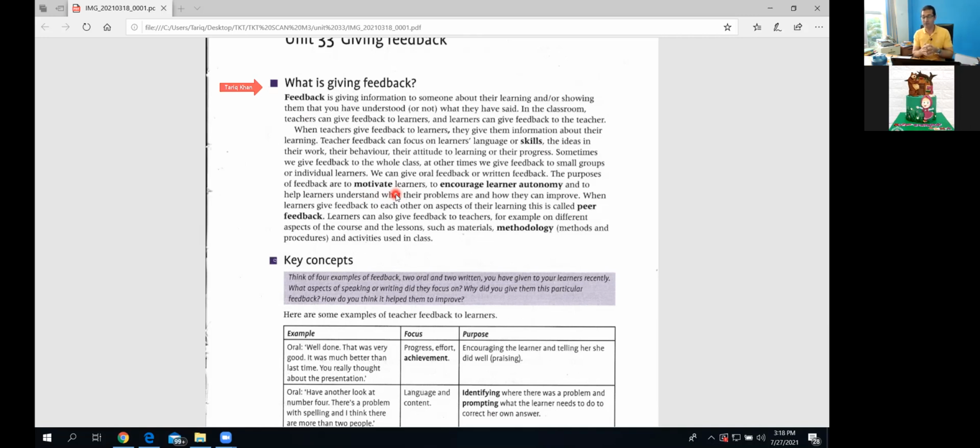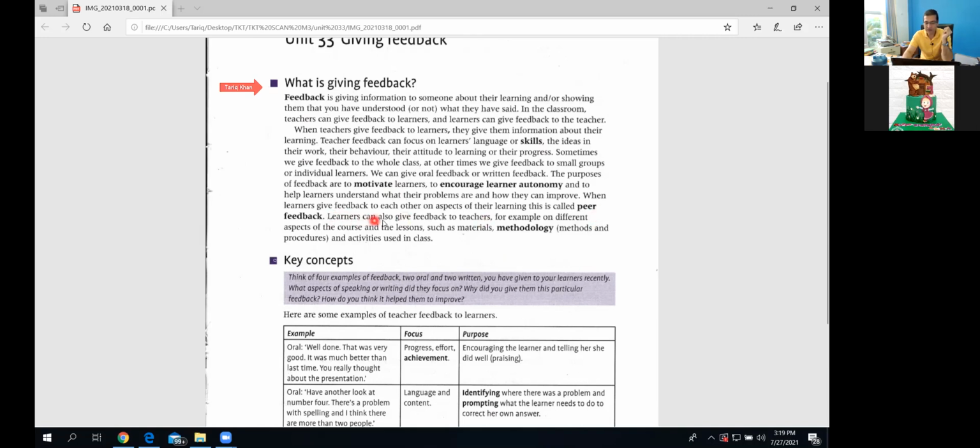So you have to give positive feedback, where you can point out what they're supposed to do and also appreciate them for the work they have done. Usually teachers only focus on what the student is supposed to do, and they don't give feedback appreciating something good they have done. So it should be both ways.